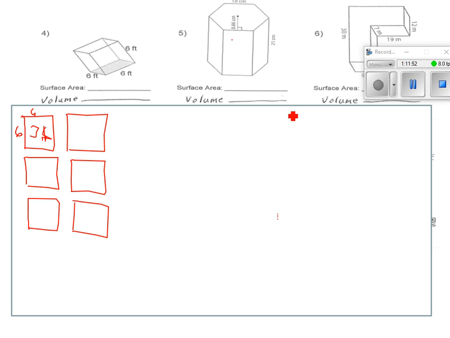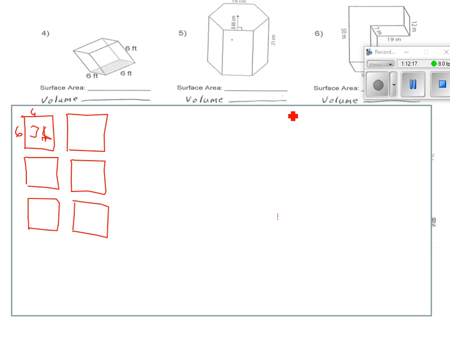What's the area of this hexagon? 109.8. What's the area of this rectangle? 210. Next rectangle. 210. Next one. 210. Next one. 210. Now add all those up, what do you get?